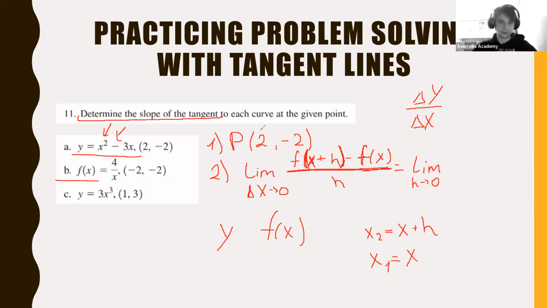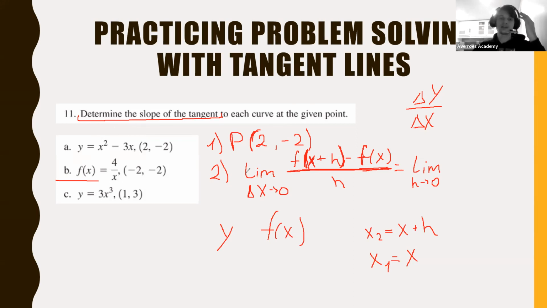So we're looking for the tangent at the point 2, comma minus 2. It means that the value of x at this point is 2, and the value of the function when x is equal to 2 would be minus 2. You can check it by sticking x equal to 2 into the given formula. Clear so far? Yeah.